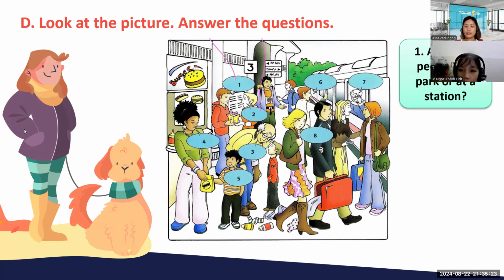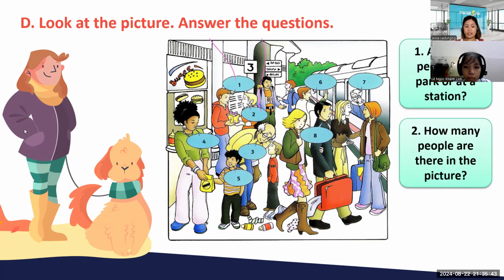Where are the people? They are in the station. In the station. Very good. Next, how many people are there in the picture?